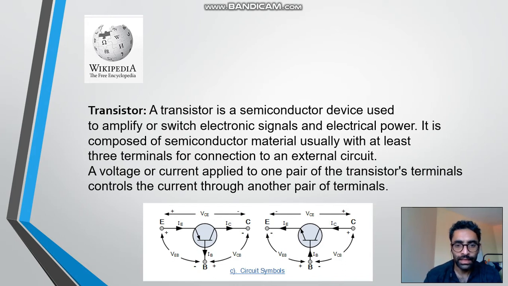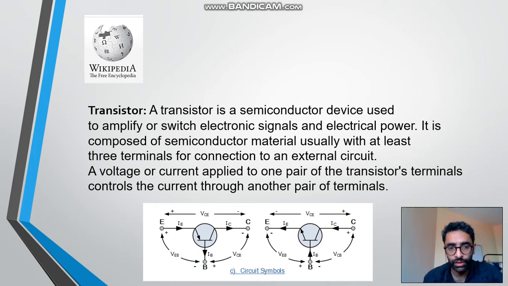So in this definition you can get clear on 2-3 things. First of all, a transistor is a semiconductor device, so it is based on elements like silicon, germanium, right? And it is used to amplify or switch electronic signals and electrical power.